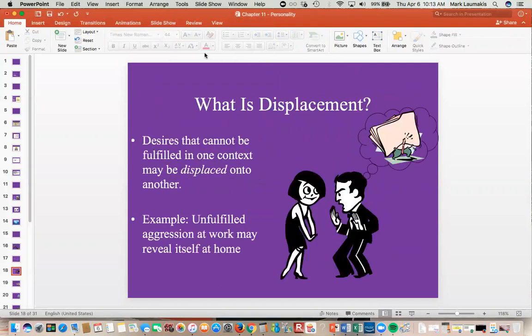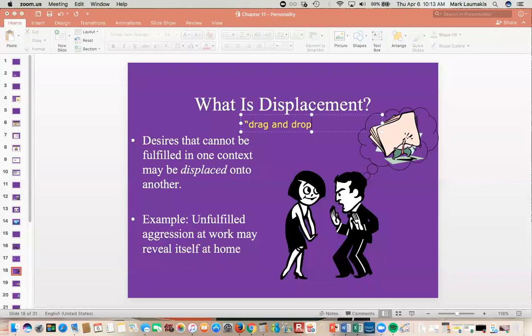Displacement. If repression is the just bury it defense mechanism, this is what I call the drag and drop defense mechanism. And what we're dragging and what we're dropping is something that's going on in one context that we can't address in that context. So it says here, desires that can't be fulfilled in one context may be displaced onto another.